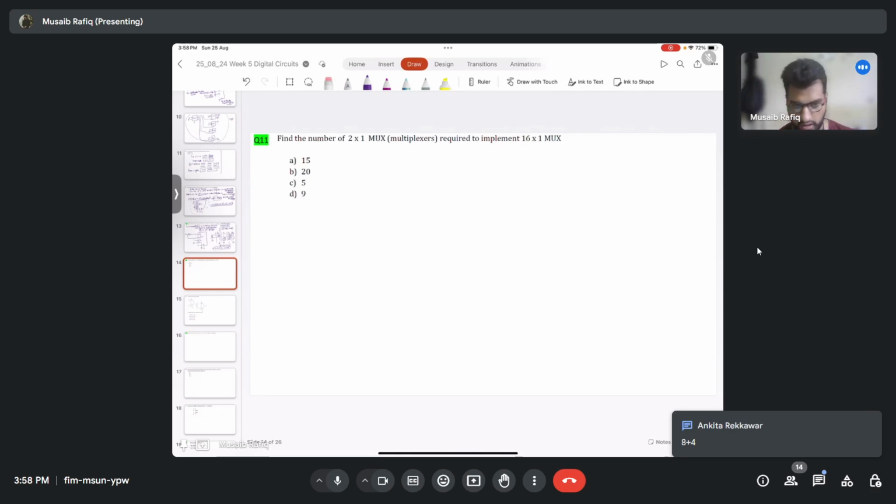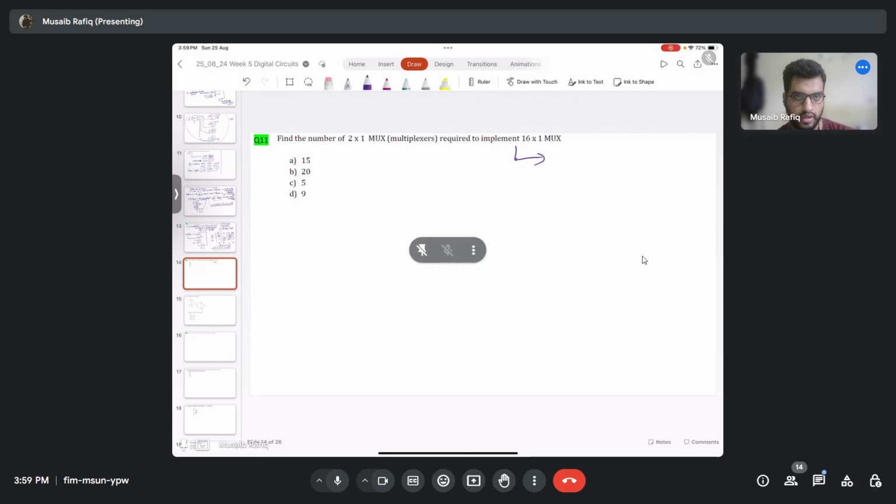So yeah, now let me show the solution. I think some of you have written the correct answer. So again, let me first show the general way to approach the problem. Let's say we have a mux that is m cross 1. This is the required one, and given here is n cross 1. So this is given.